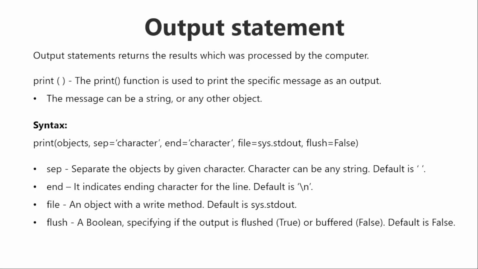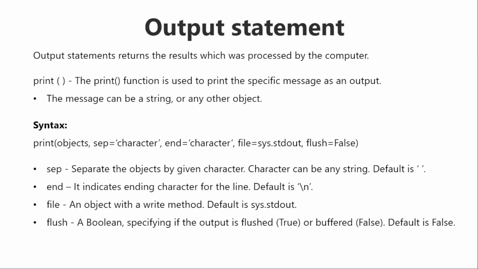The separator, sep, separates the objects by a given character. The character can be any string. The default is space. And end is one of the arguments in print. It indicates the ending character of the line. For example, the default is \n.